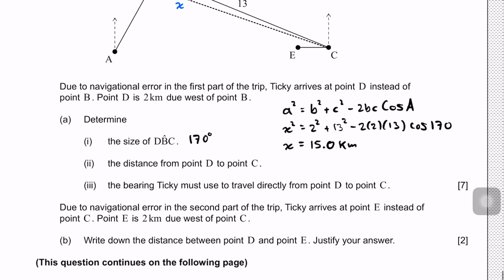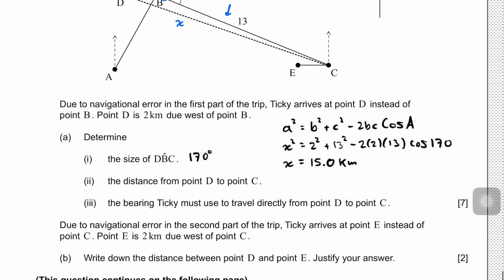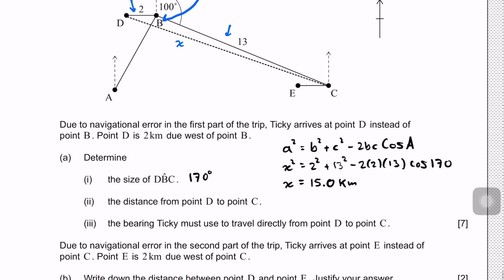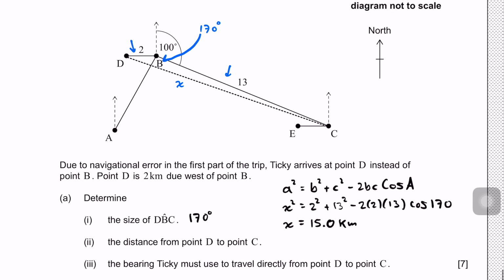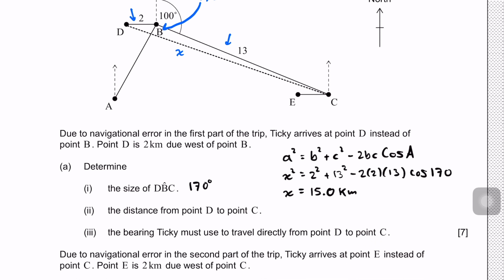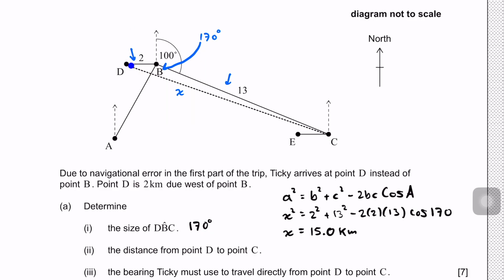Part 3, determine the bearing Tiki must use to travel directly from point D to point C. Okay, so the bearing that she needs to travel to go from point D to point C. Let me erase some of this and just try to write this out.